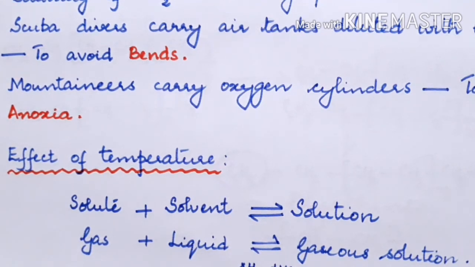As a result, the backward reaction occurs or dissolution becomes lesser. Due to this reason, you find that when we try to dissolve the gas in a warm solution, the amount of gas that dissolves will decrease.